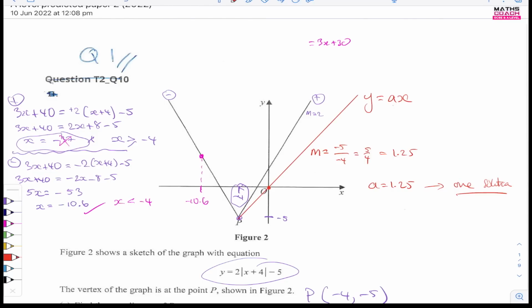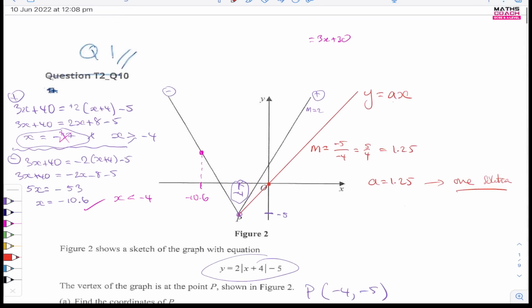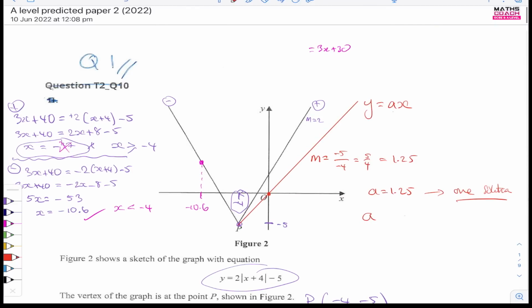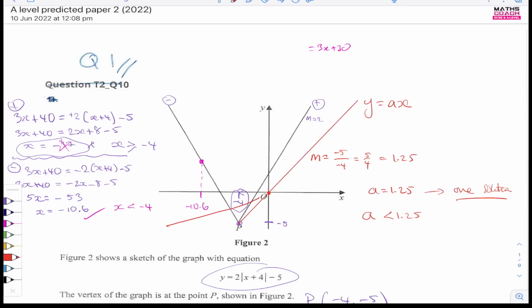Now we're going to increase and decrease the a value and see what happens. I'm going to start by decreasing the value of a. But a is a gradient. What happens when we decrease the gradient? Does the line get steeper or less steep? It gets less steep. So if we decrease the value of a, let's say a is less than 1.25, the line is going to be like this.